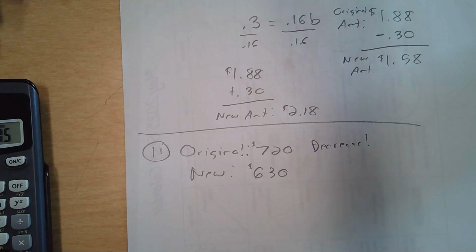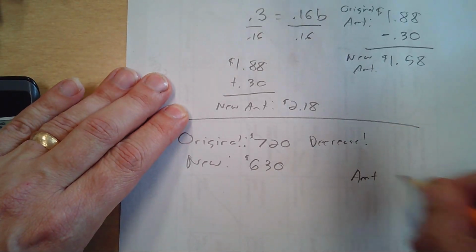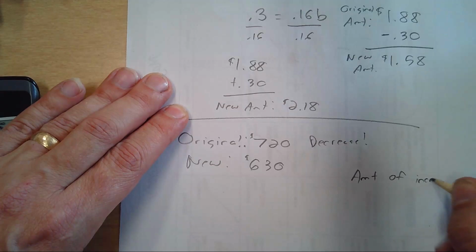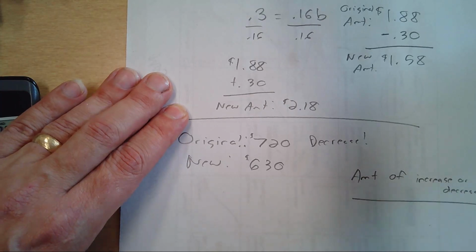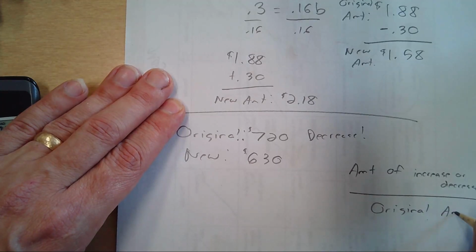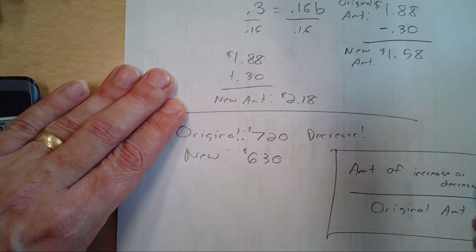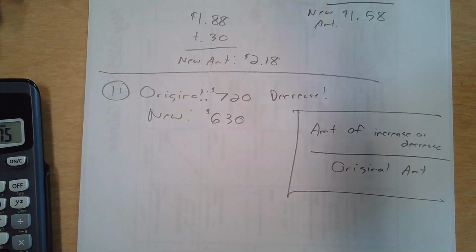So to solve these here, ultimately our formula is going to be the amount of increase or decrease divided by the original amount. So this formula, I suppose, is different from any of our others here. Yes, it is.